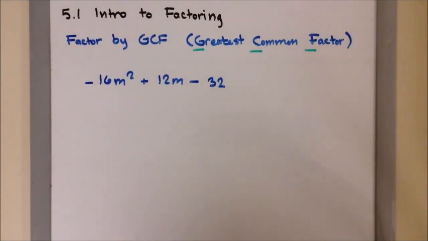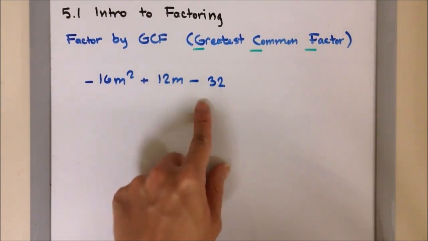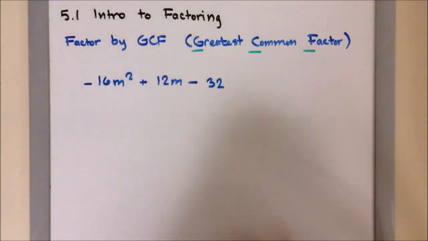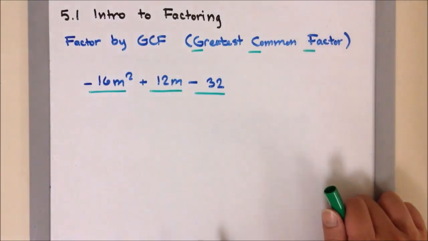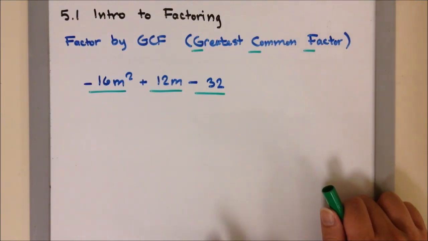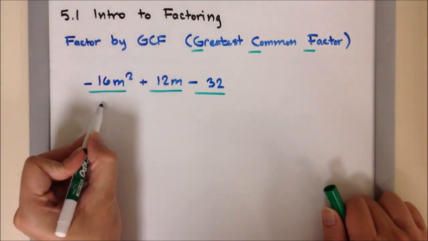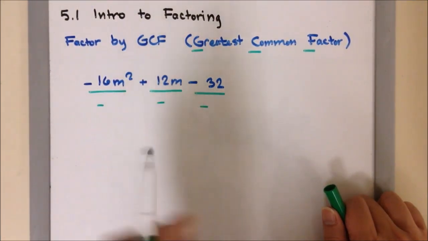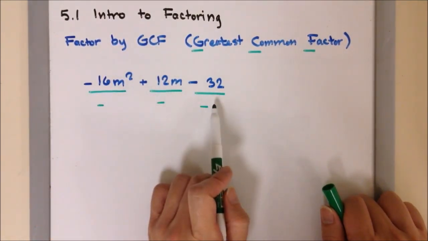In the second example, we have negative 16m squared plus 12m minus 32. It asks you to factor by GCF. So I'm going to check what is in common in each of the three terms. Now, this is where we have to be very careful. If your first term is negative, that means I'm going to divide all three terms by a negative.